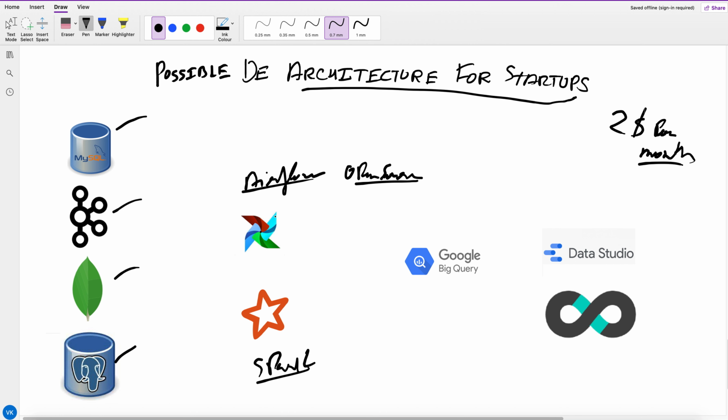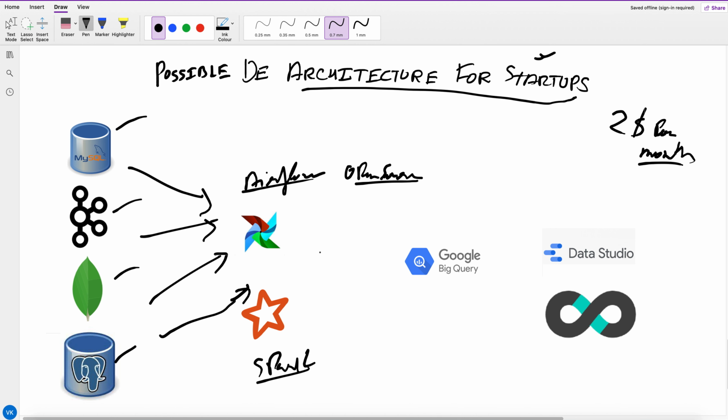Obviously we are trying to save cost here, because the idea is to plan something around the data architecture of startups. We'll be pulling data from these different sources, and it could go through either Apache Airflow or Spark.